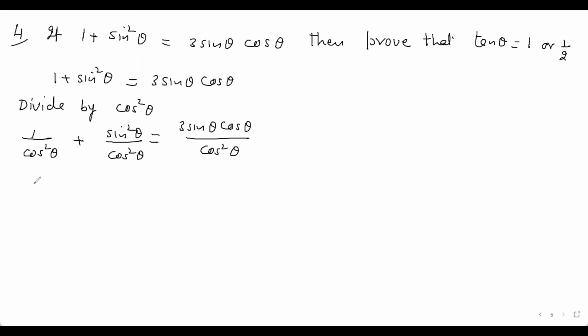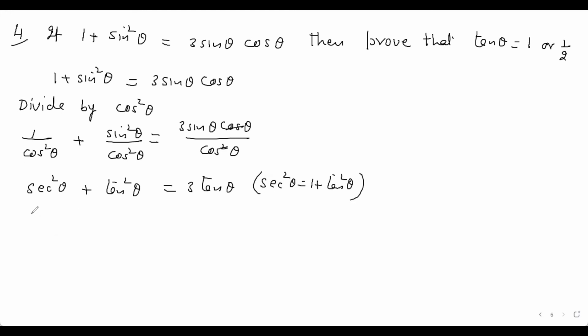Now this is sec square theta plus tan square theta, and this is equal to 3 tan theta, as the cos theta cancels. Change sec square theta in terms of tan theta. We know that sec square theta is equal to 1 plus tan square theta.